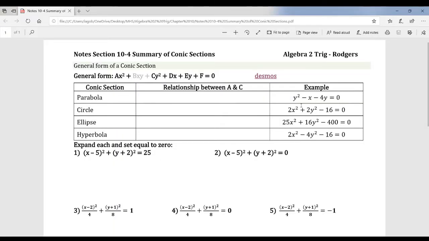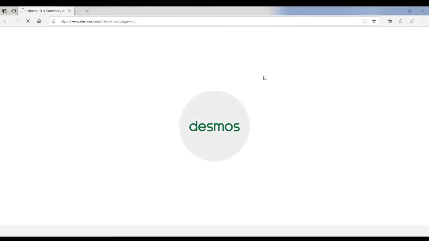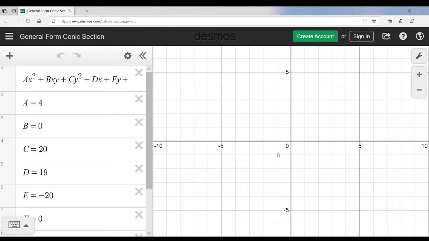All right, so if you click on the Desmos link at the top of your notes for 10.4 here, in the PDF, it should open the Desmos that I have saved, that I've created.